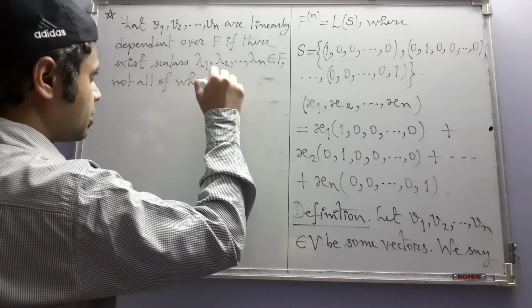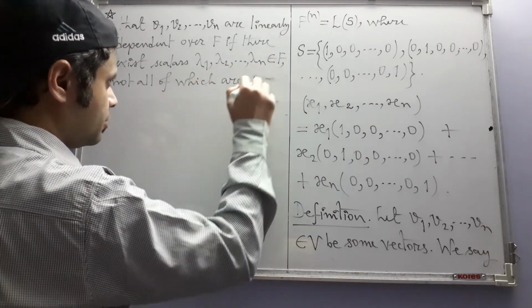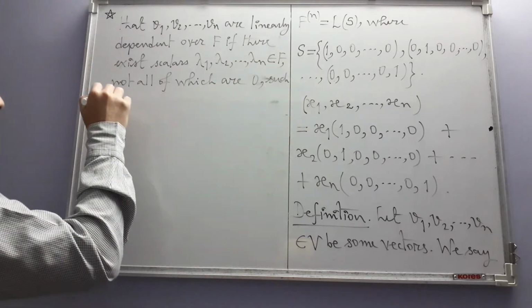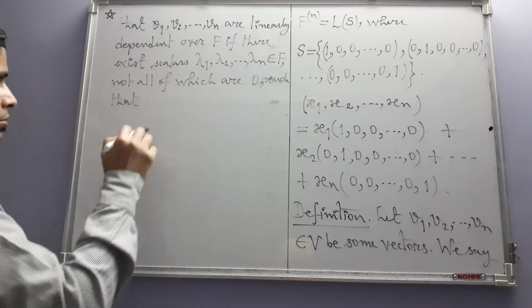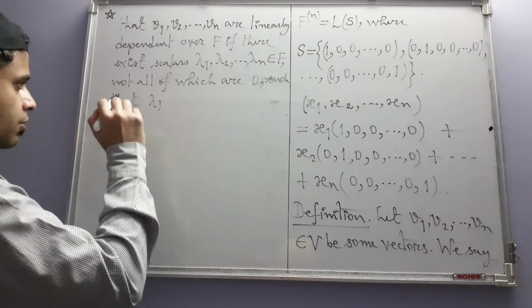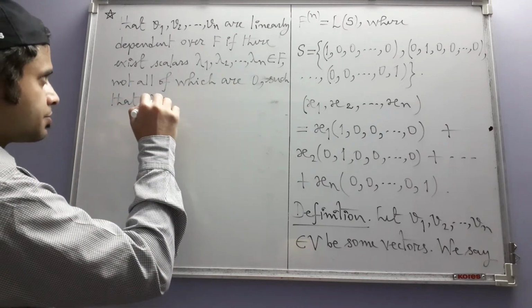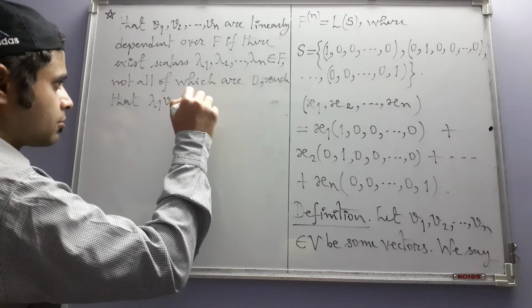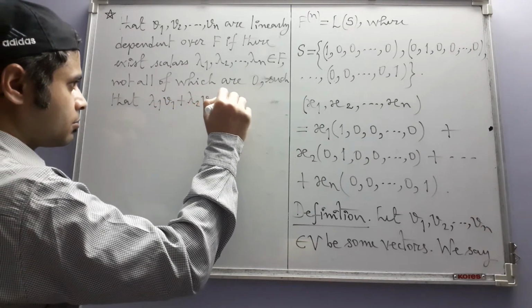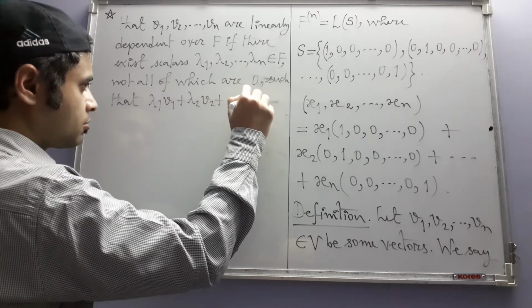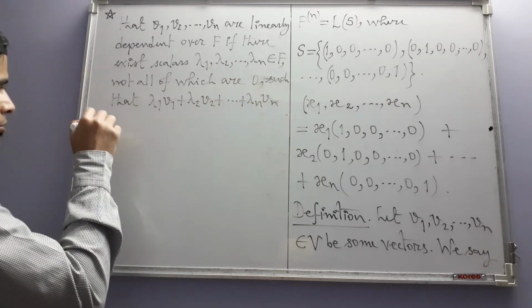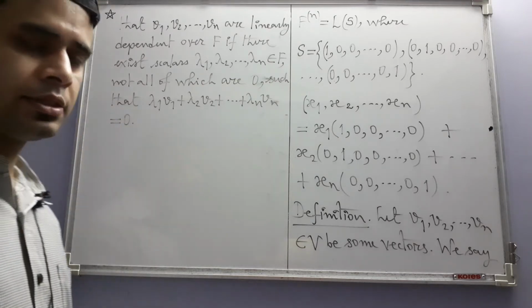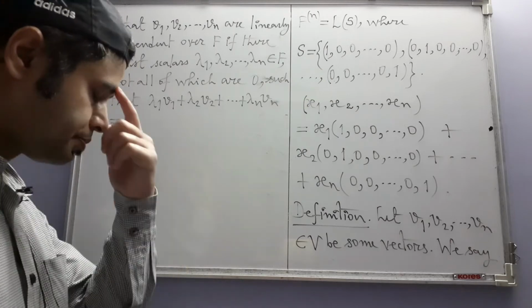Not all of which are 0, such that the linear combination formed using these things is the 0 vector. Let us see what this definition says.